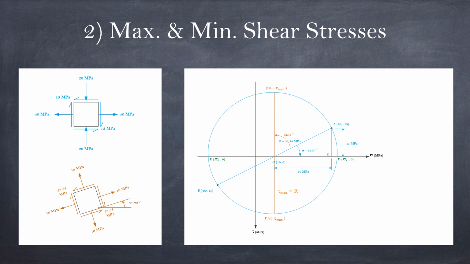Notice that the radius is from point O to the one below, which is point F. That is again from the center to a point on the circle. Therefore, that height is equal to the radius itself. Therefore, tau max is plus minus the radius.